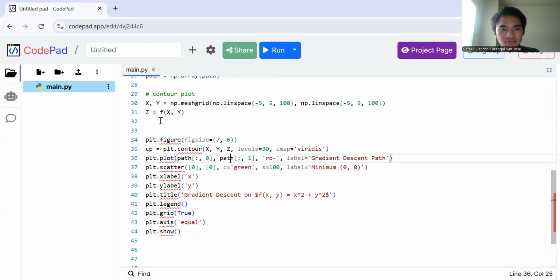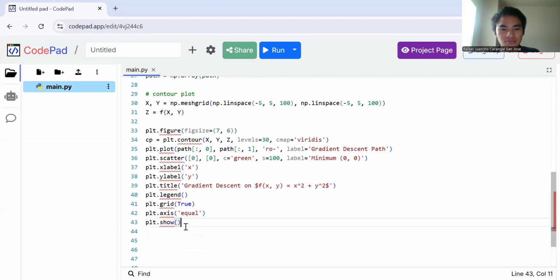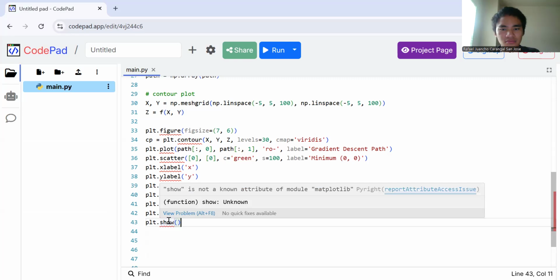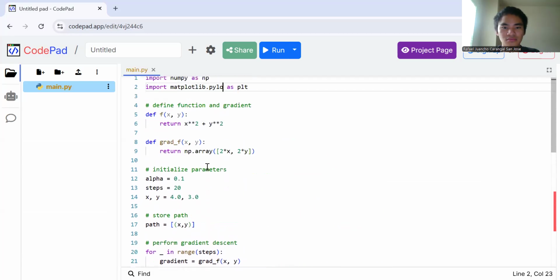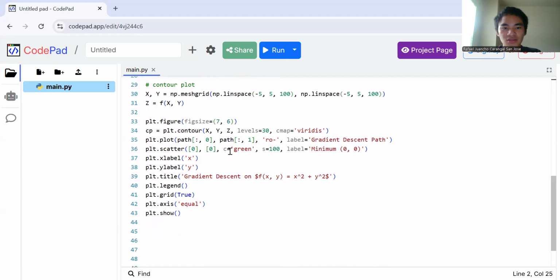Oops. Matplotlib. Oops. Did I? Oh, pyplot. There we go. Okay. Yeah, I was seeing some errors.